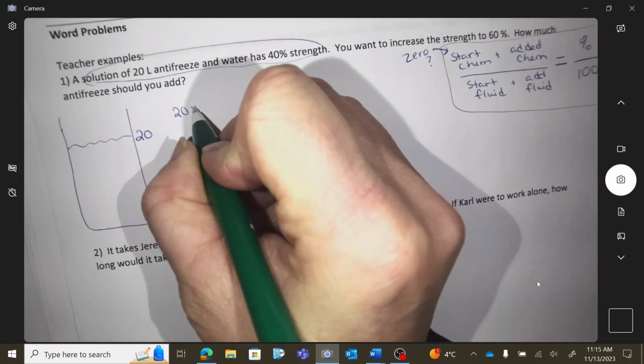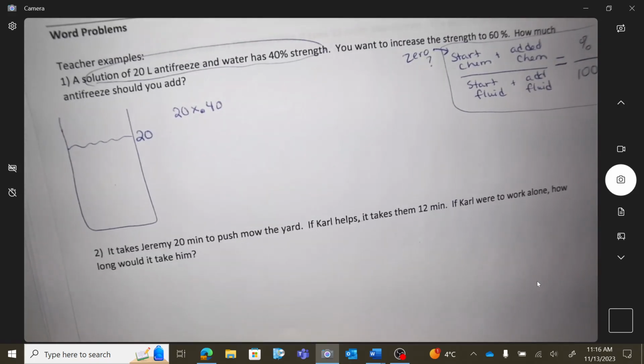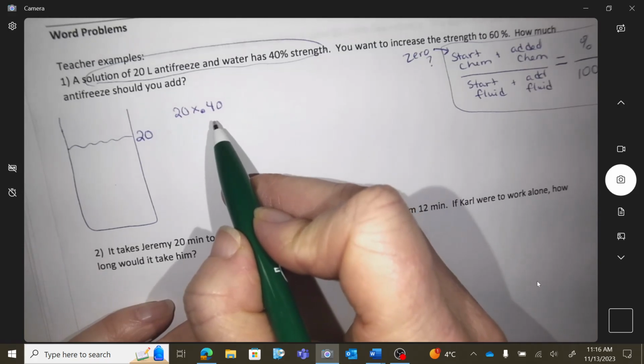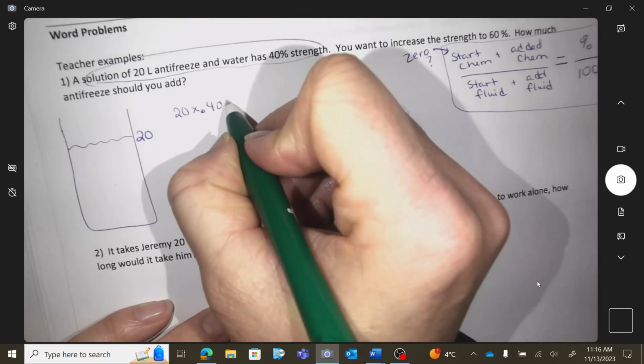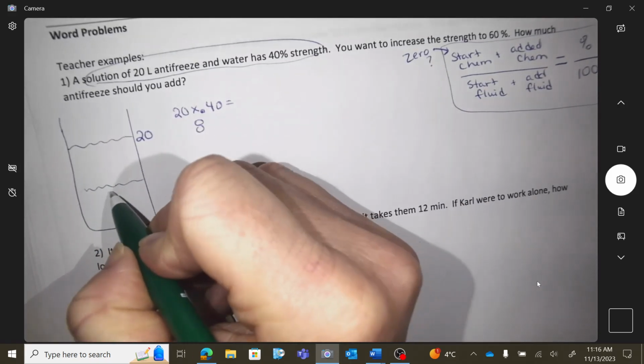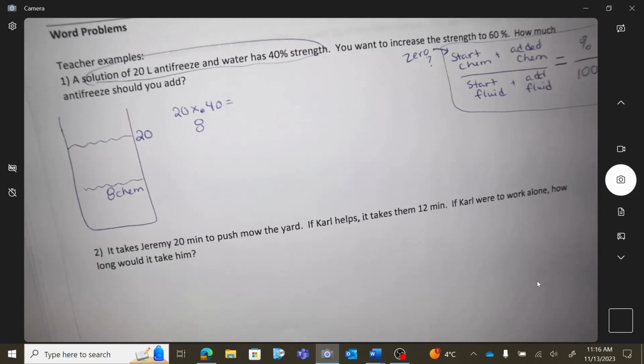So what is 40% as a decimal? 40% of something means, to do this kind of math, times. 40% of 20 equals 8. Okay, so that's what's happening.